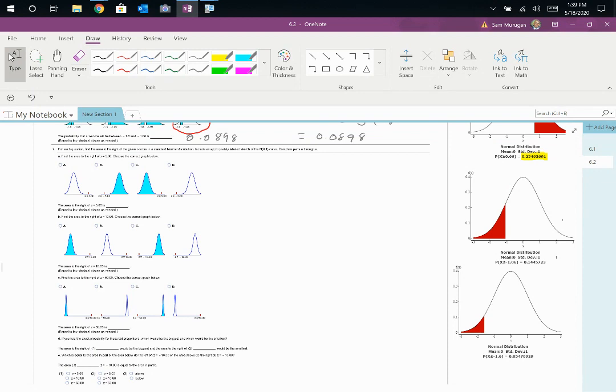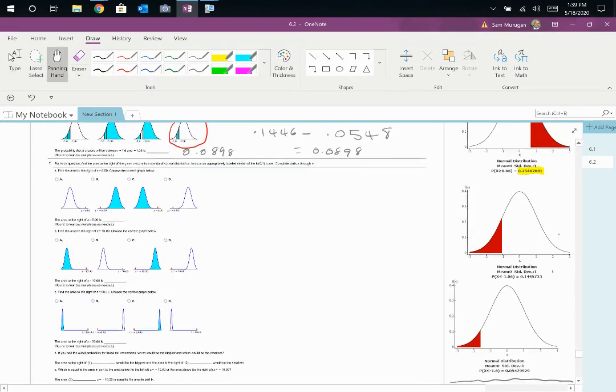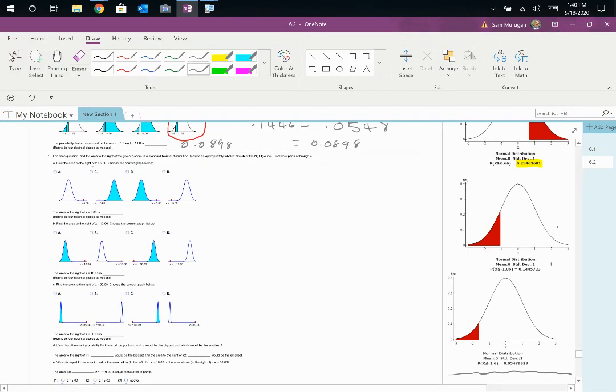Okay, all right, let's move on. Up to here is for question 6. Let's look at question 7. Find the area to the right of z equals 5, using 0 and 1 as the probability.